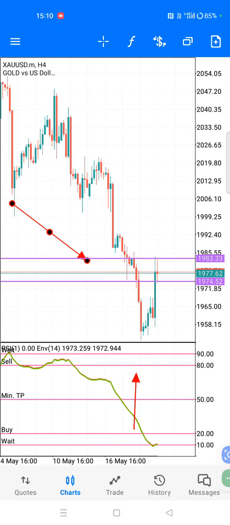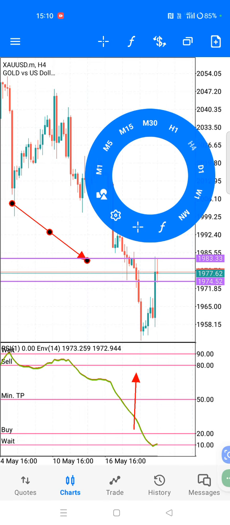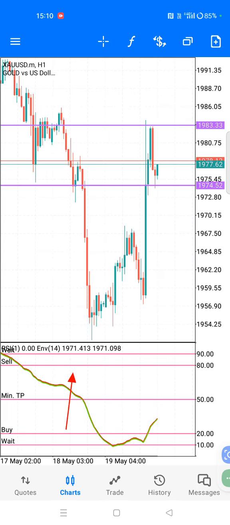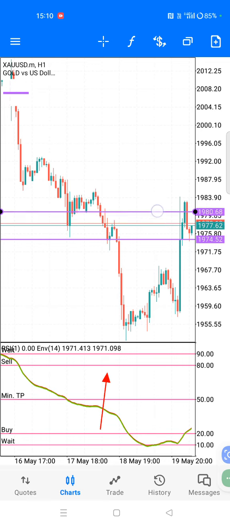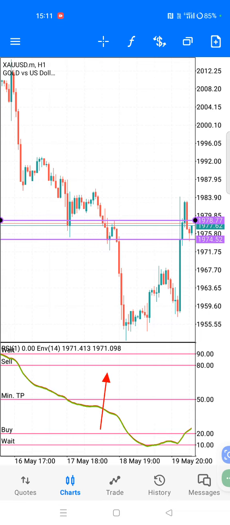If you think it's too high, okay, then drop down to H1. Look at the next supply and demand. It's about the same. Maybe you want to take your recent high, which is 1978, so that will be 40 pips.